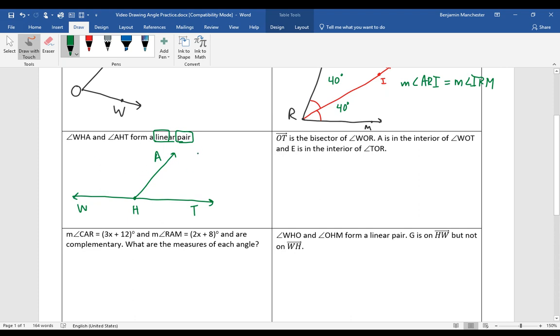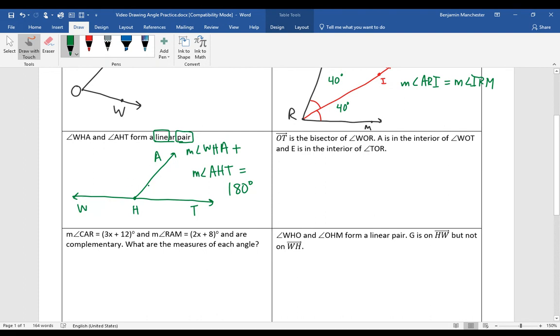And what we know is that the measure of WHA plus the measure of angle AHT, so if I add these two angles together, this angle here and that angle there, they should add up to 180 degrees, because that's what a linear pair is, that's what a straight angle is.